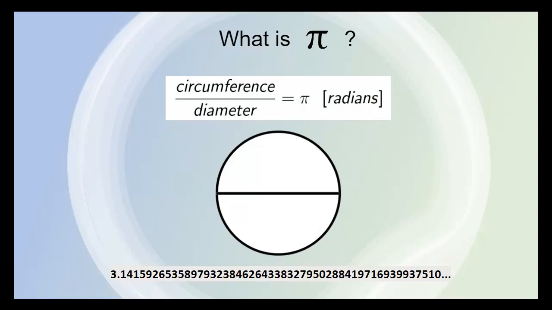Historically, pi is defined as the circumference of a circle divided by the diameter of the circle. When you take the circumference of a circle and divide it by the diameter of the circle, you get this irrational number, 3.141592653, etc. And the units in standard units for pi is radians.